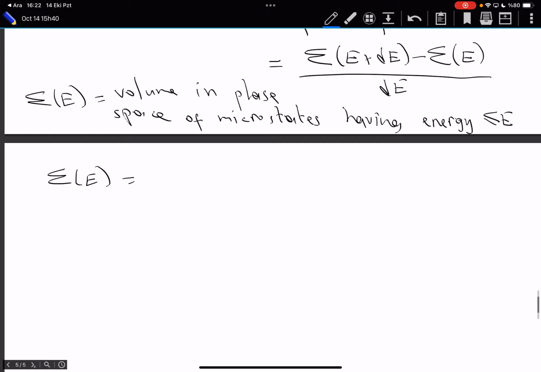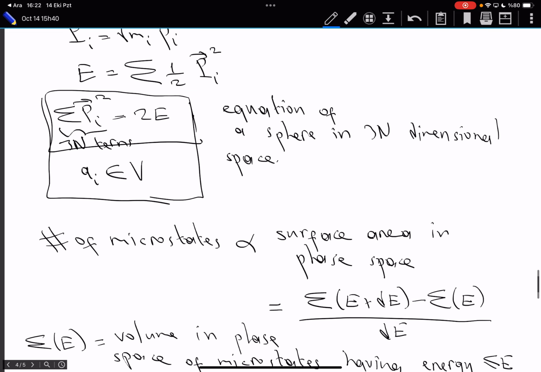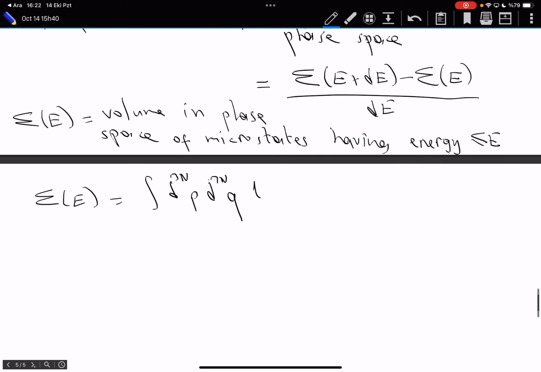Well, the volume in any space will be nothing but the integral of the volume element. It will be the 3n-dimensional momentum and 3n-dimensional position integral, restricted by these conditions, of 1.